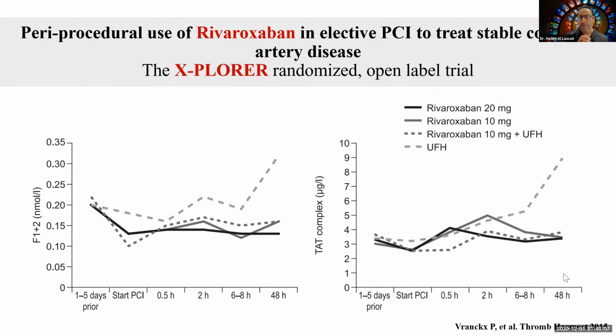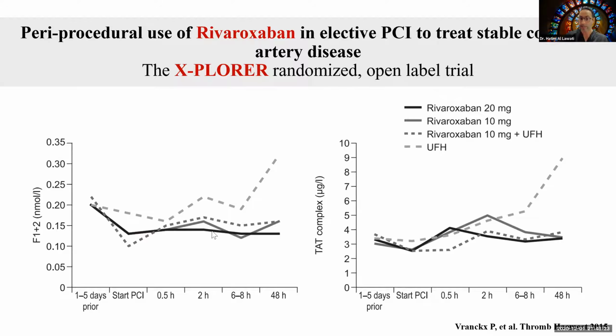And they compared the levels of the coagulation parameters that I'm showing you in the next few slides, comparing 4 dosing regimens: rivaroxaban 20, rivaroxaban 10, rivaroxaban 10 milligrams with unfractionated heparin, and unfractionated heparin alone.